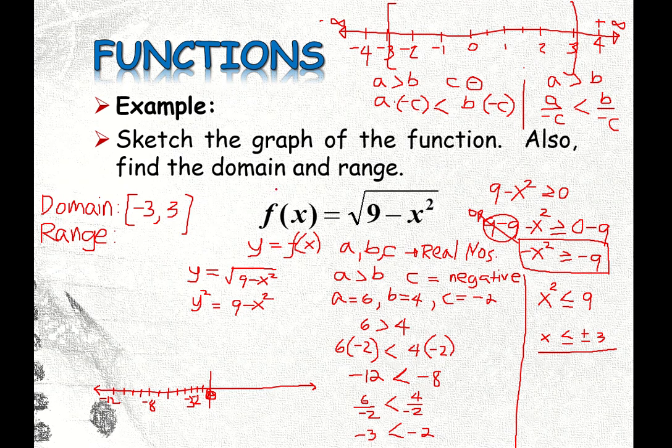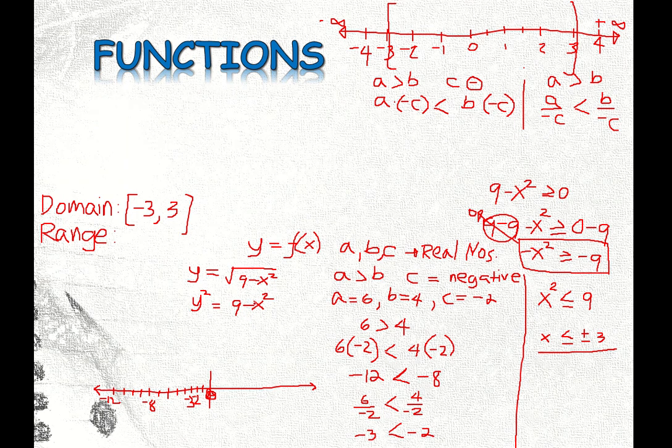By the way, remember that this function is a half circle. To prove that, what you're going to do is assume values for x, solve for f of x, and then plot those points, and you will form a semicircle. Okay, so from here, we are going to solve for x. We can rewrite this as 9 minus x squared equals y squared.